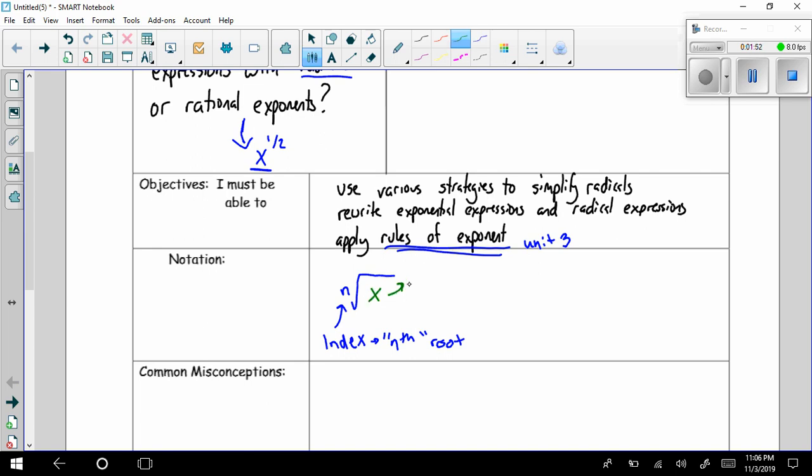This is called the radicand. And again, this symbol itself is called the radical. So this would be the nth root of x. Okay, so for example, this is the cubed root of 15.